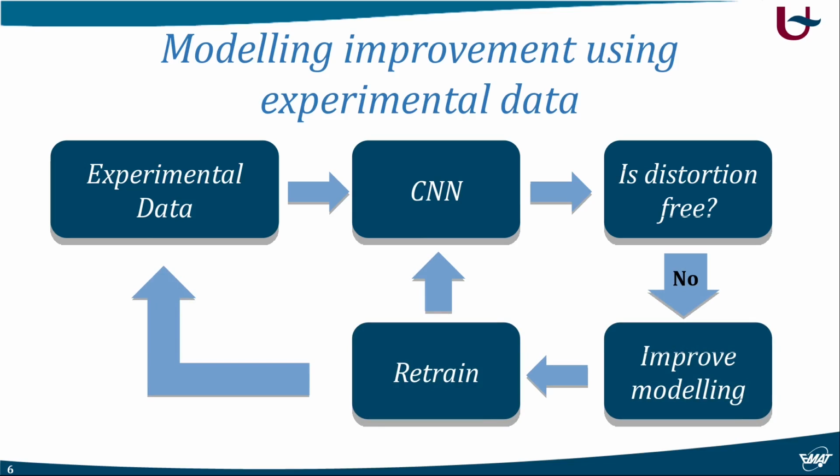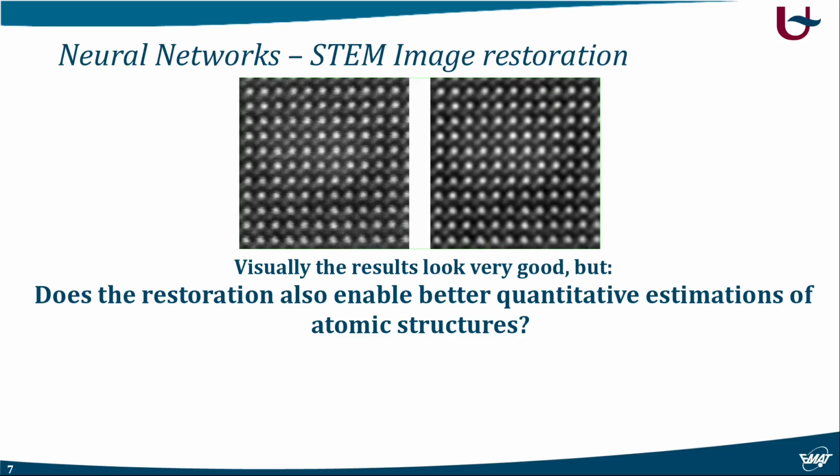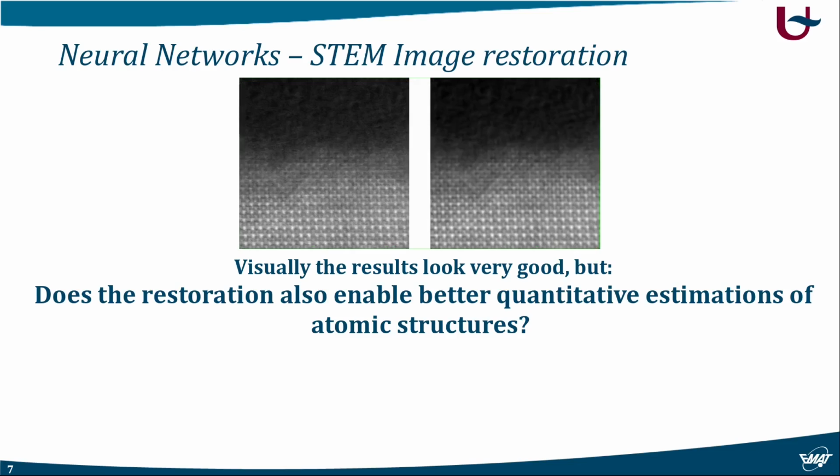In this way, we do not only improve our restoration results, but we can also improve our understanding of these distortions and improve the modeling as well. So if we do that, we end up with a convolutional neural network that performs pretty well on experimental data, as you can see in a few examples shown here.